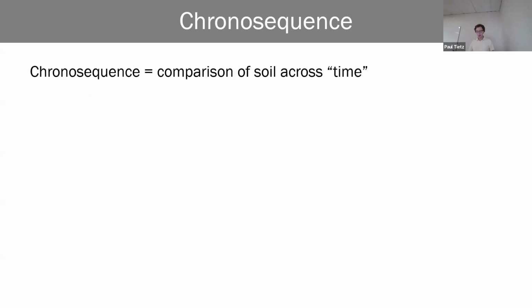Chronosequence, right, just like the others, it's a comparison of soil across time, but in this case, time is in quotation marks, because how can we meaningfully compare different times? We had the example of that biosequence in San Dimas, California, where we had differences in soil formation due to the vegetation, but observable within some 90-year, almost human lifespan.